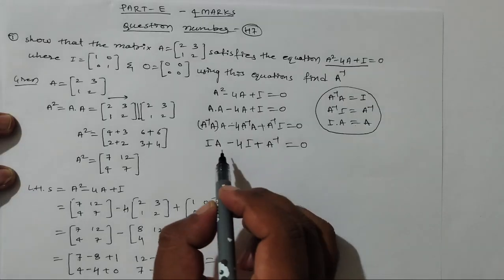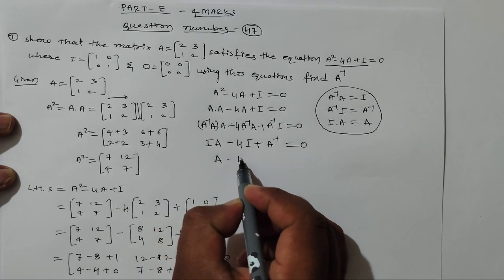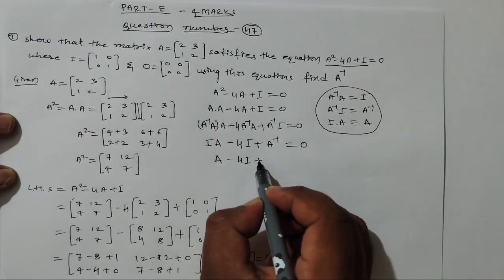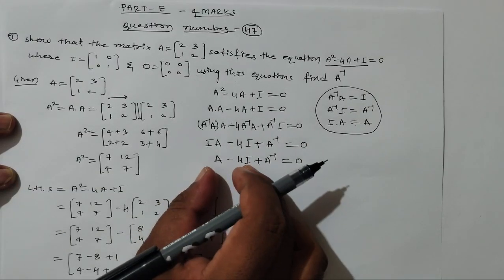See, I into A becomes A, minus 4I plus A inverse equal to 0. I will take these terms to the other side.